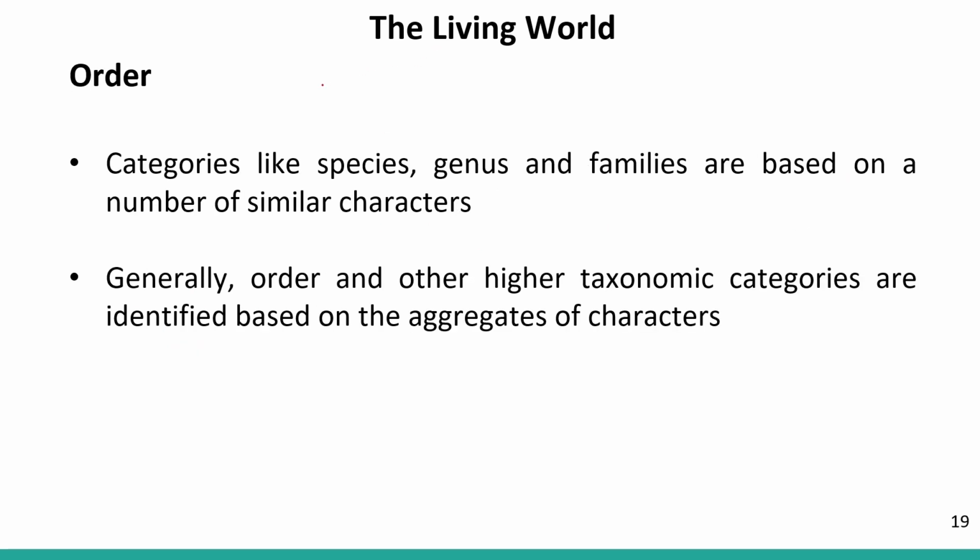Now the next category, higher than family, is order. Categories like species, genus, and family, which we have already talked about, are based on the number of similar characters. Organisms in these taxonomic categories are classified on the basis of the number of similar characteristics. But in order and other higher taxonomic categories, above order, identification is based on the aggregates of characters, or you can say aggregates of morphological characters.